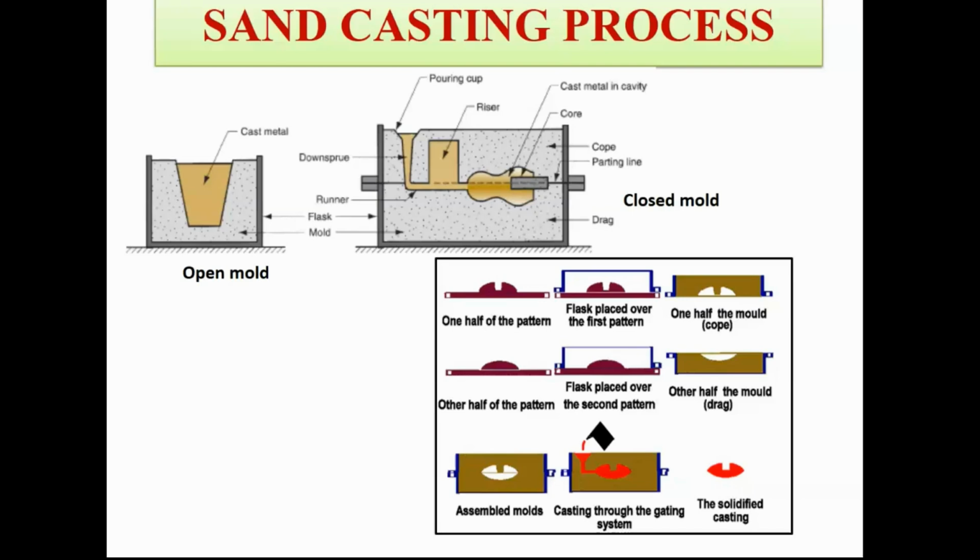Casting can be carried out under the action of gravity, or the flow of material inside the cavity can be achieved with the help of pressure. That comes under the die casting processes.